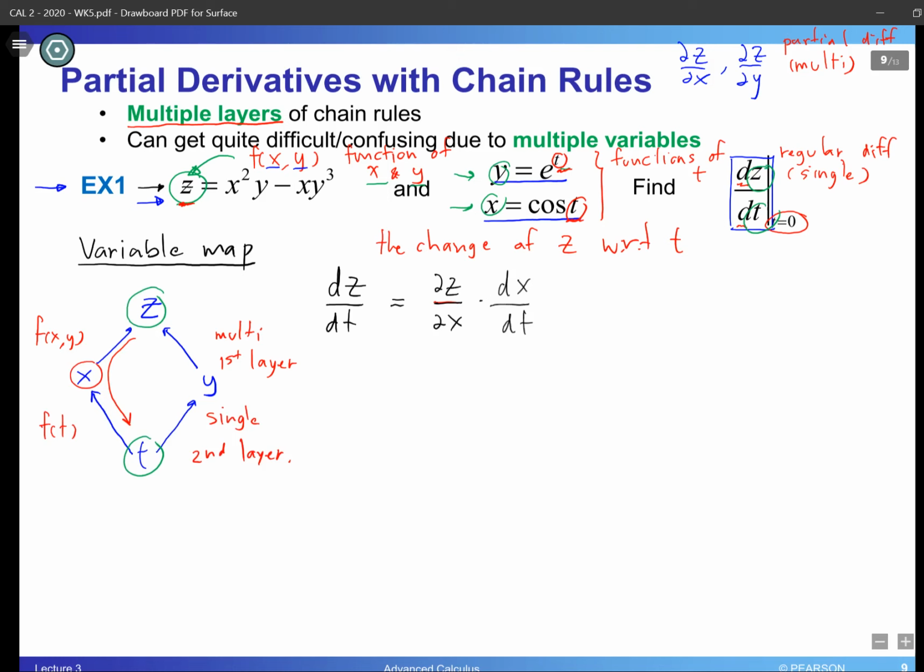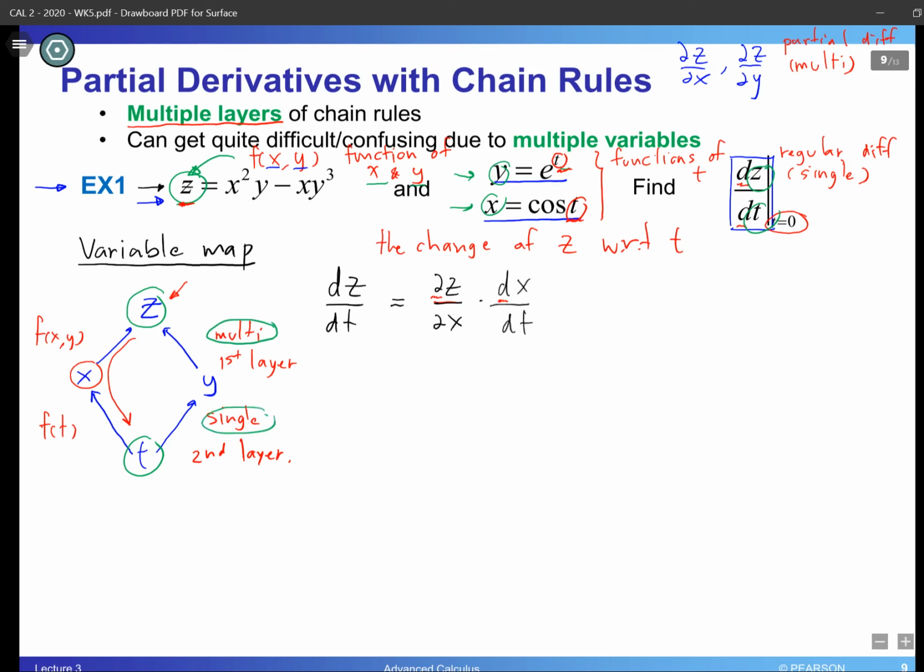All right, now let's take a look at something here. I use this partial diff right here because when it comes to this z, we are working with multivariable. But when I differentiate x right here, I use regular d, because when it comes to x and t, it's a single variable right here.